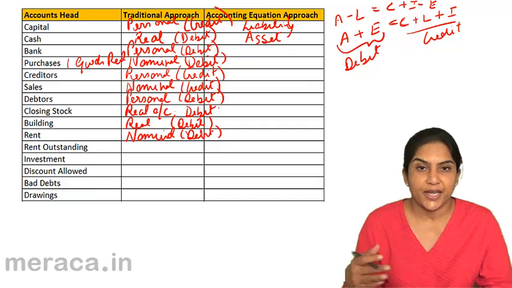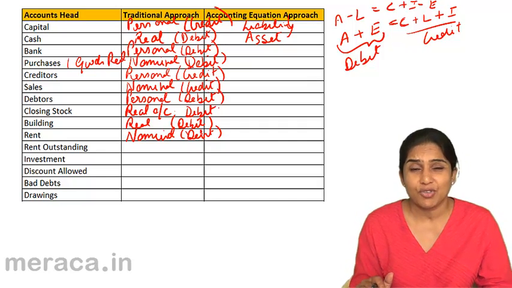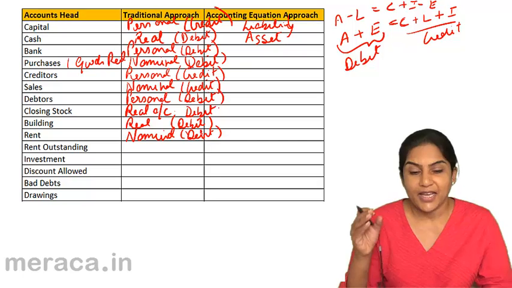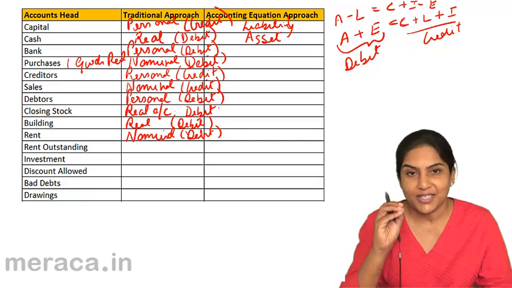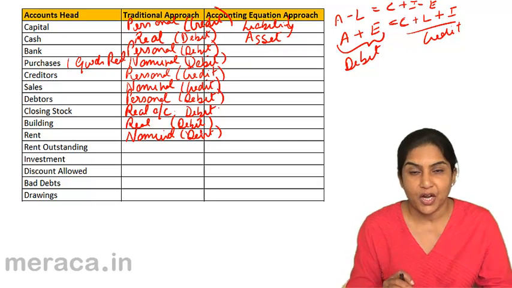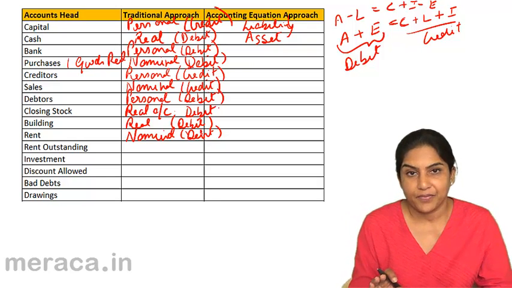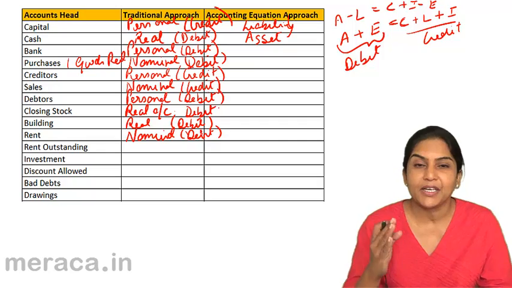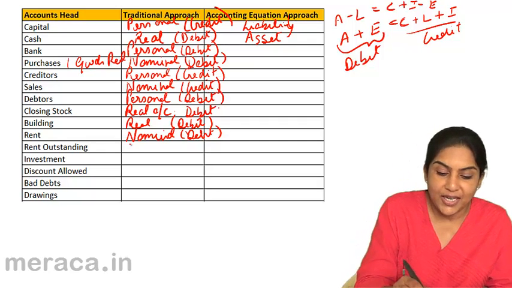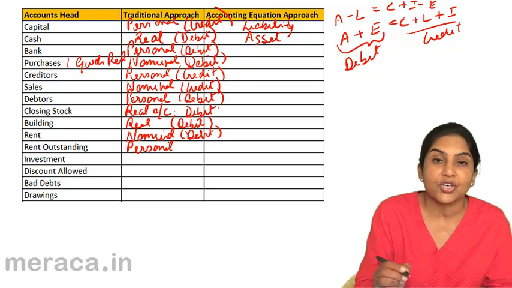Rent outstanding. What is outstanding rent? The rent for the month of, let's say, March, we are closing the books of account. We pay rent only in April. So there is a liability to the landlord. Outstanding rent is actually a personal account. Please note, it is not expense.